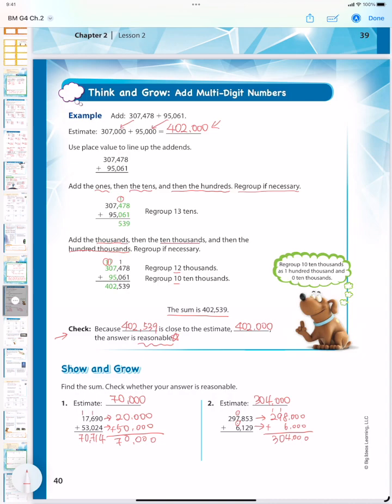Now I'm going to find the actual sum. Since 303,982 is close to 304,000, your answer, or my answer, is reasonable.